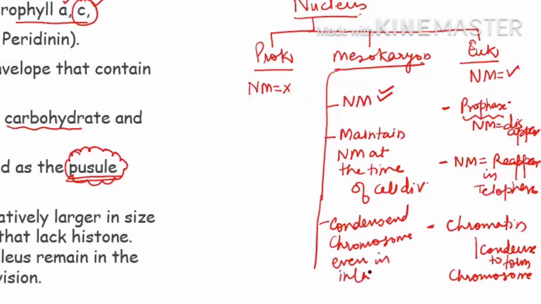Because they are having the nuclear membrane, we can't say that they are prokaryote, but they are still maintaining the nuclear membrane at the time of cell division, and they are not going for decondensation of chromatin, so they are not true eukaryote also. So we will say they are middle, they are mesokaryon.